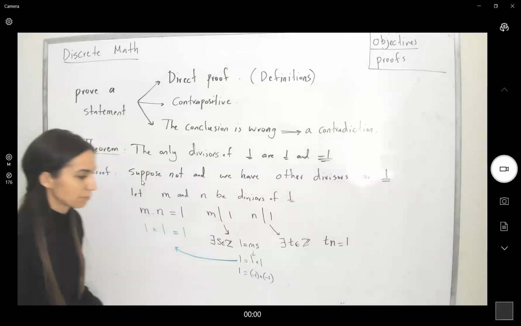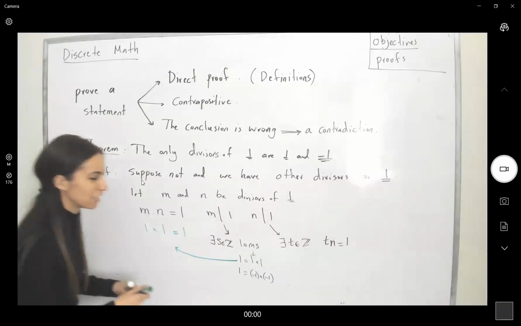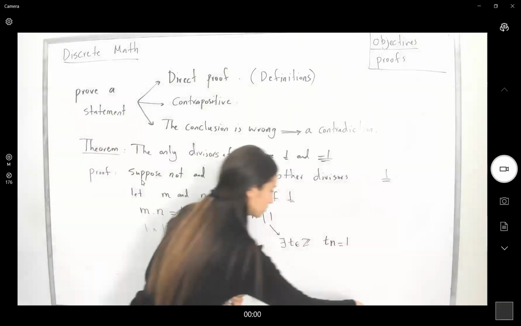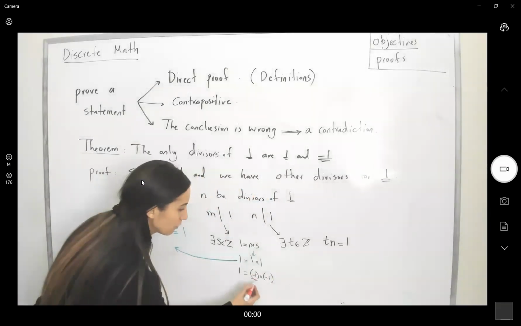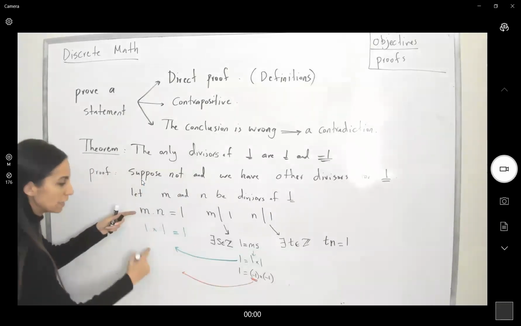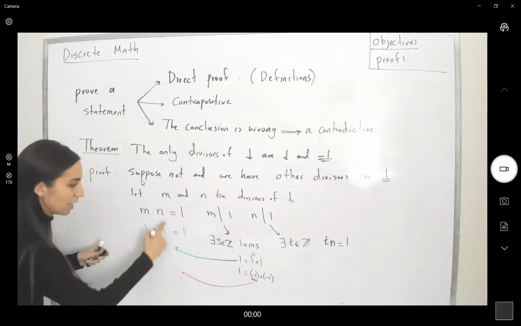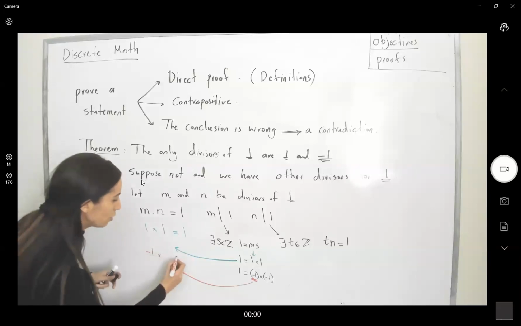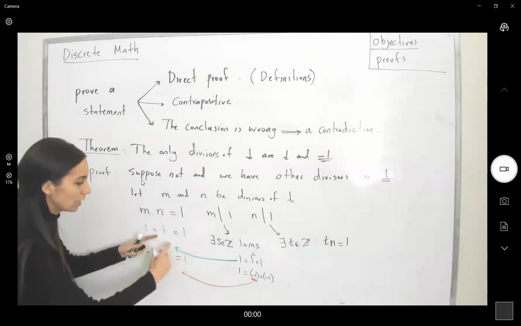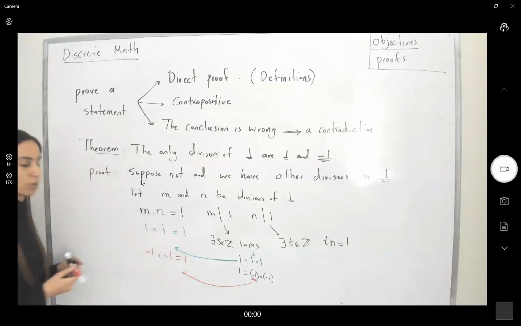What about this? What if m is equal to negative 1? In this case, we get negative 1 times n equals 1. The outcome is fixed. The outcome is 1. So in this case, your n is equal to negative 1.